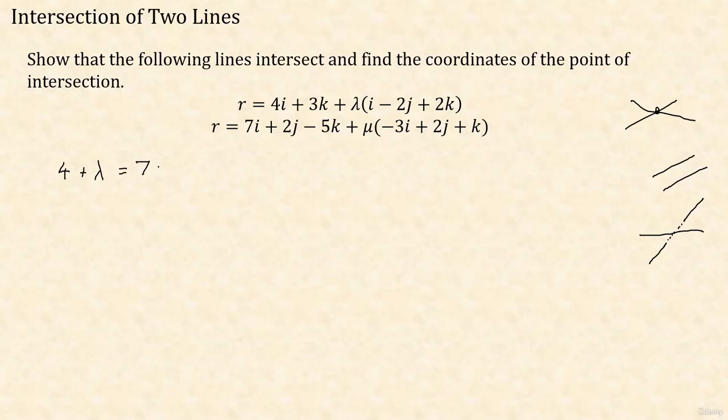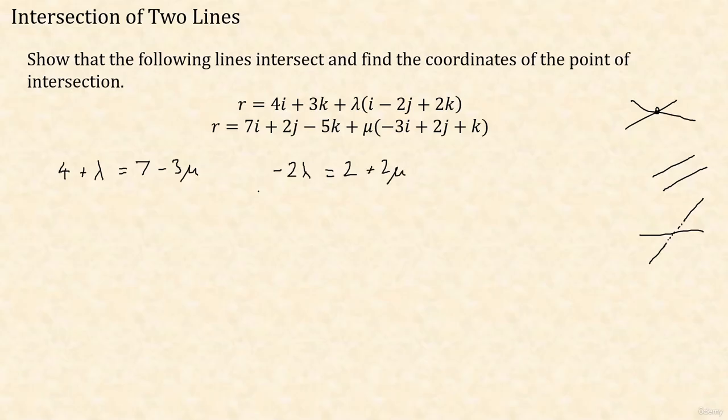So that is 7 minus 3 mu. And then we set it up for the j coordinate as well. And so for the first line, that's 0, 0j, and then minus 2 lambda j. And that's got to equal the j coordinate for the other one, which is 2 plus 2 mu.